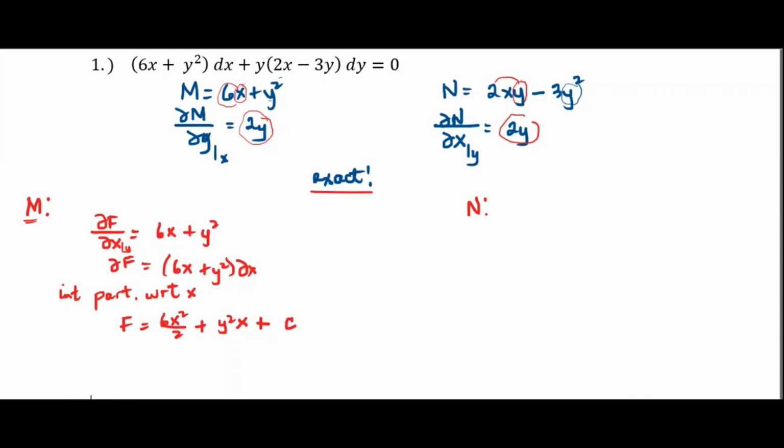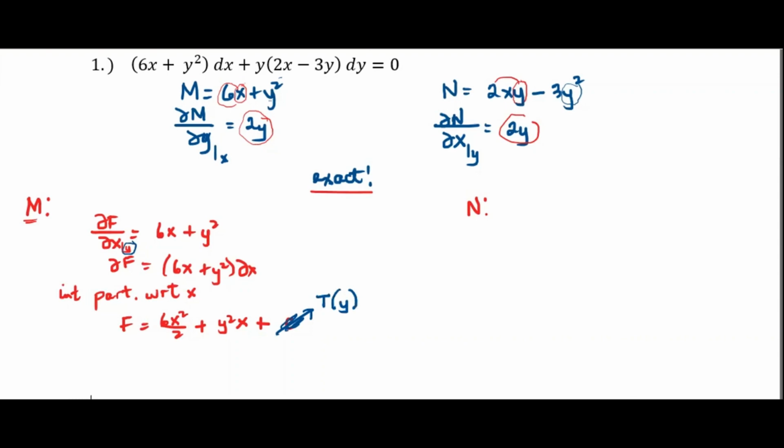Pero di ba, nakikita ba nyo to, guys? Di ba I held y as a constant? Tama? Therefore, since I held y as a constant, hindi ko na isusulat na plus c na lang. Ang isusulat ko, any function of y because y is treated as a constant.